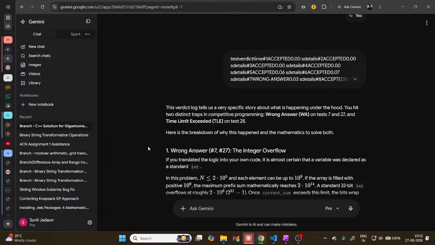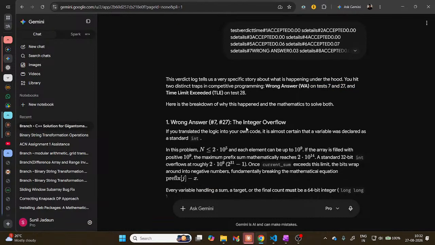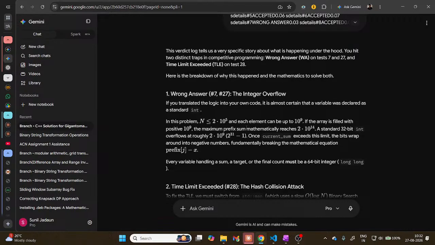It's a very specific story about what's happening under the hood. You hit two distinct traps: wrong answer on tests 7 and 27, and TLE on test 28. Wrong answer, integer overflow. If you translate the logic into your own code, it is almost certain that the variable was declared as a standard int. In this problem, each element can be up to 10 power 9.